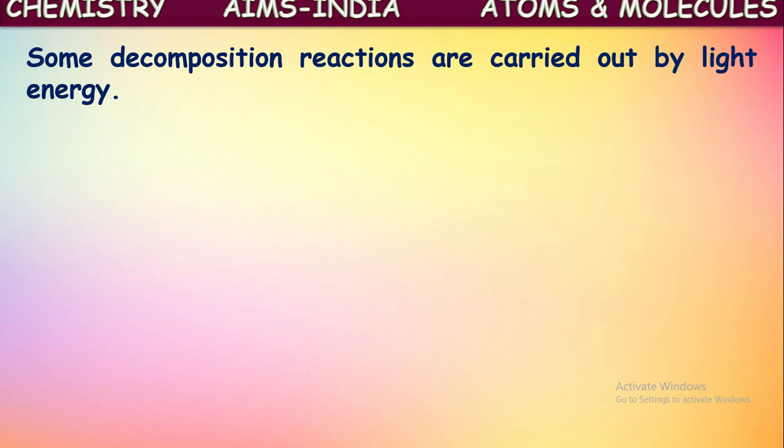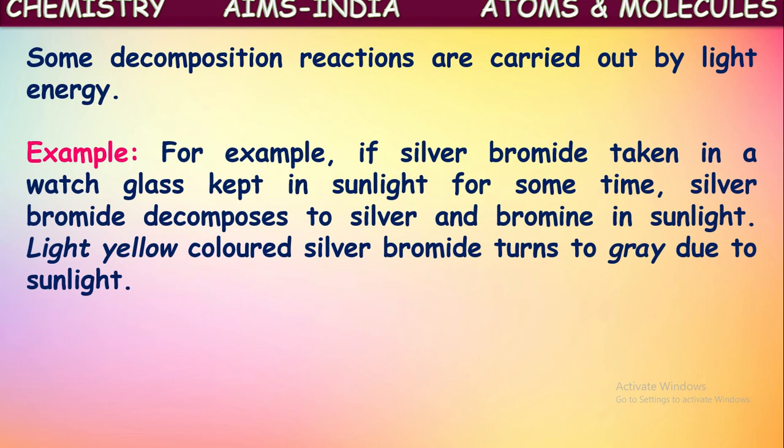Some decomposition reactions are carried out by light energy also. Yes. For example, if silver bromide is taken in a watch glass and kept in sunlight for some time, silver bromide decomposes to give silver and bromine in the presence of sunlight. So light yellow colored silver bromide turns gray due to this sunlight.